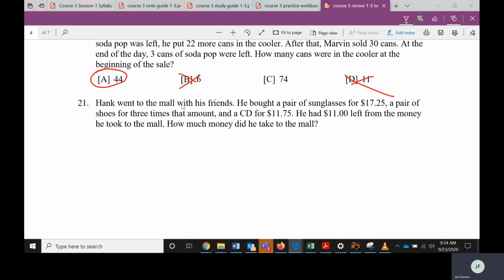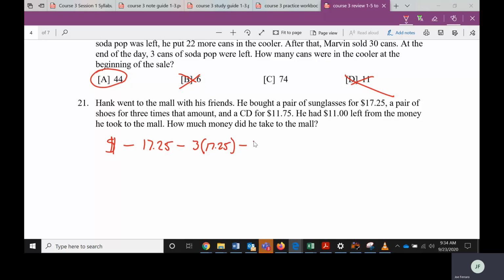Okay, so let's look at, he had some money. Subtracted $17.25. And we also subtracted for a pair of shoes that were 3 times that amount.